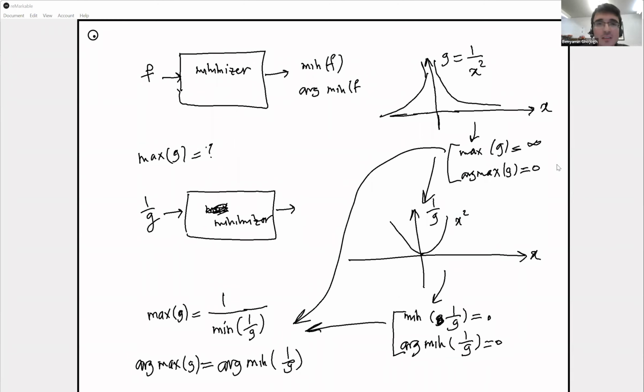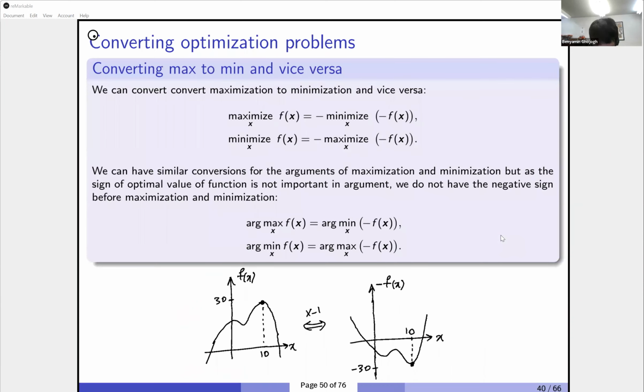Why? Because wherever the 1 over g is minimized in the variable, the g is also maximized in the variable. Okay, that's good. So now we have 2 ways to convert minimization to maximization and vice versa.